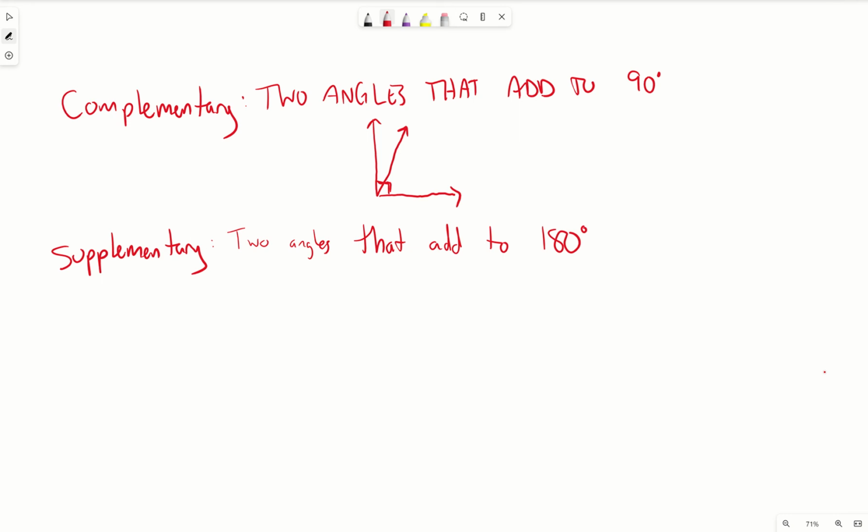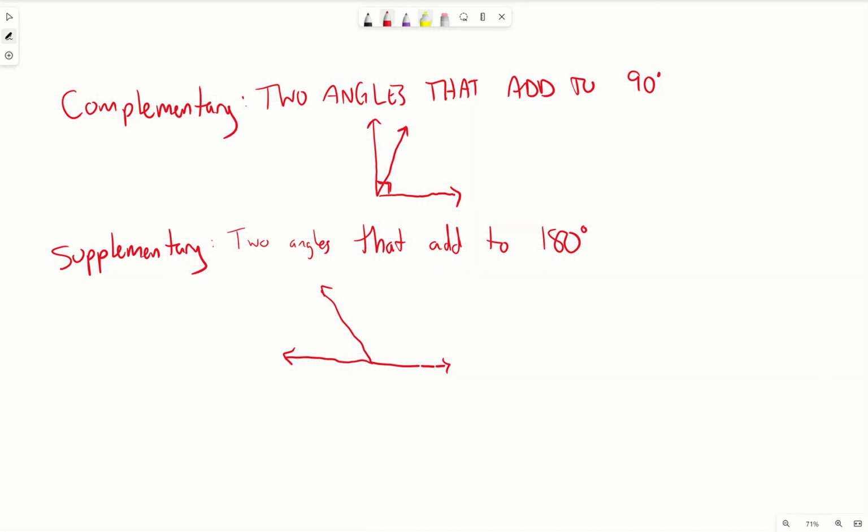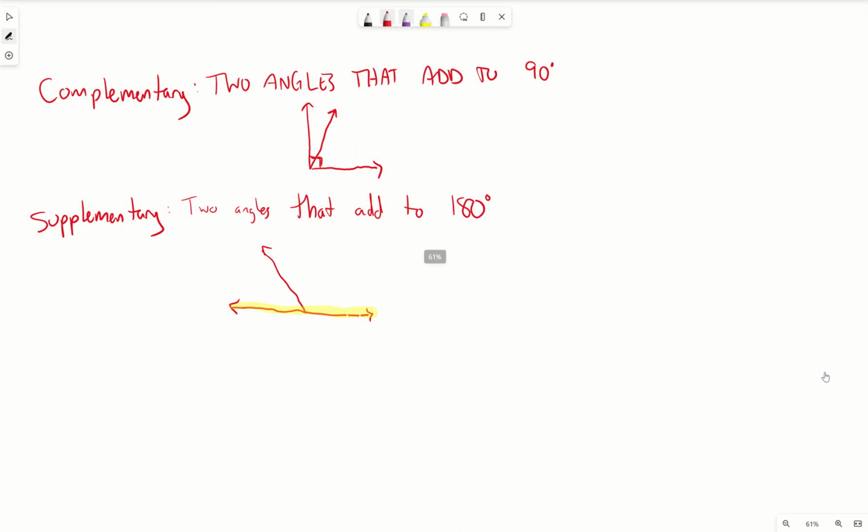So if I have a big old boy here and then an angle that goes like this, since this ends up forming a straight line, or a straight angle, these two angles are supplementary. Supplementary means they add up to 180. Complementary means they add up to 90. Now, when we see this, we can use this information to solve measures of angles.